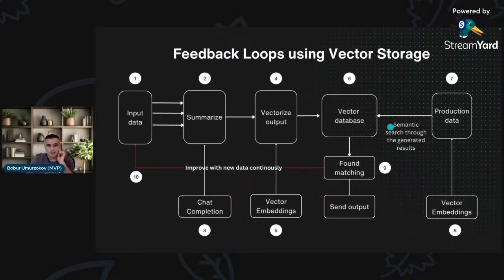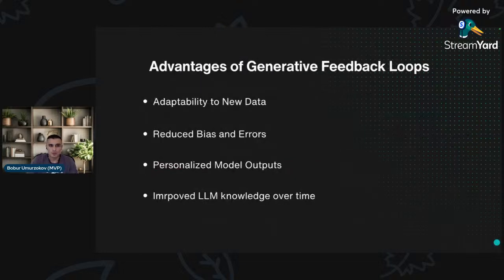So, which means now our LLM is adaptable to new data through the repeated interactions between a vector database and a large language model. Whenever production data comes in, I can always calculate the summary and the vector data and store it in the vector store, so it will provide up-to-date information.